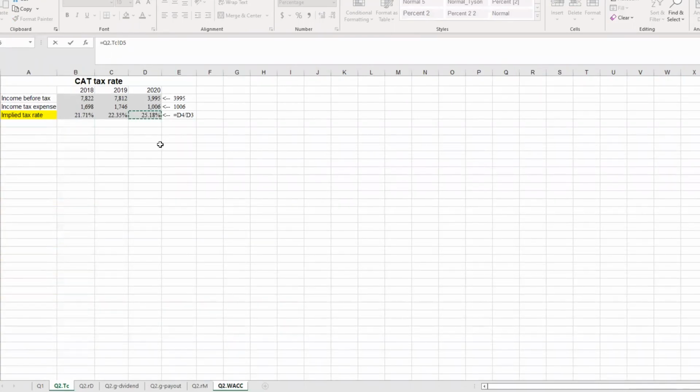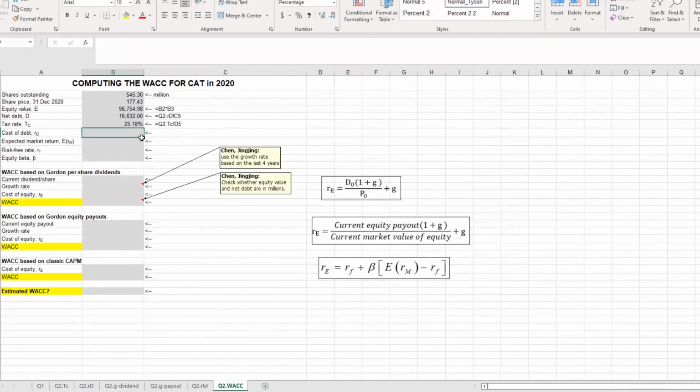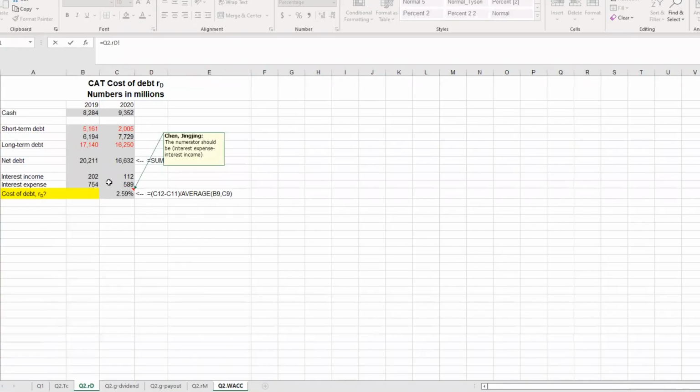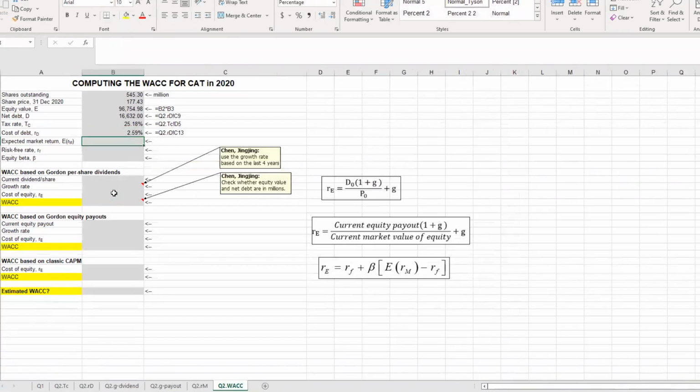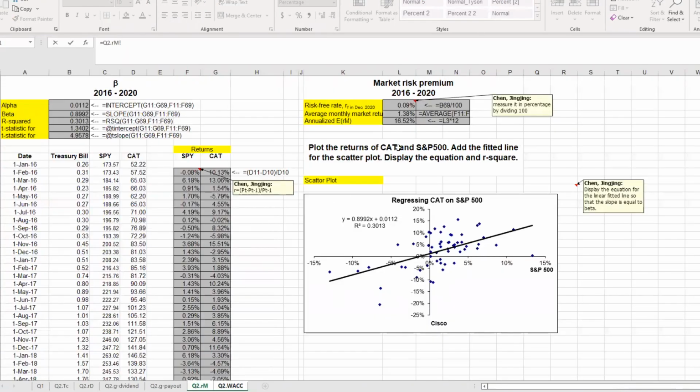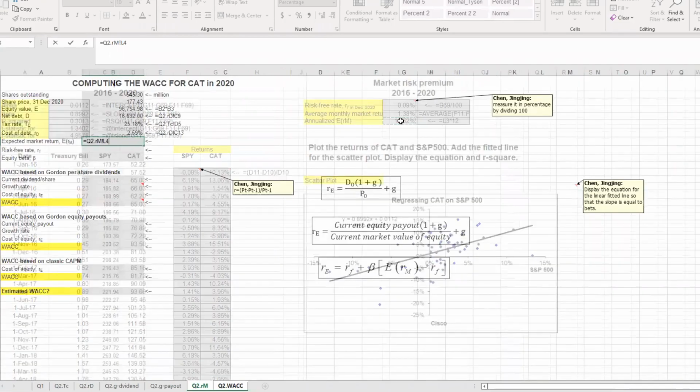Cost of debt. Expected market return. It should be an annualized return because we're using all annual numbers from the 10-K. Risk-free rate.